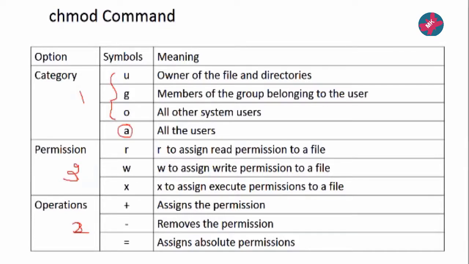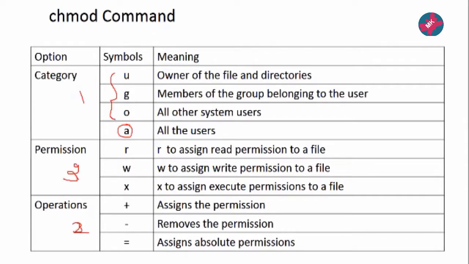Then the second set is the operations. When I use the plus sign, that permission will be assigned. If I put the minus sign, that particular permission will be removed. And if I give the equals sign, it means I am assigning absolute permission, so only that permission is given to that type of user. Then the third part of the syntax is the permission.